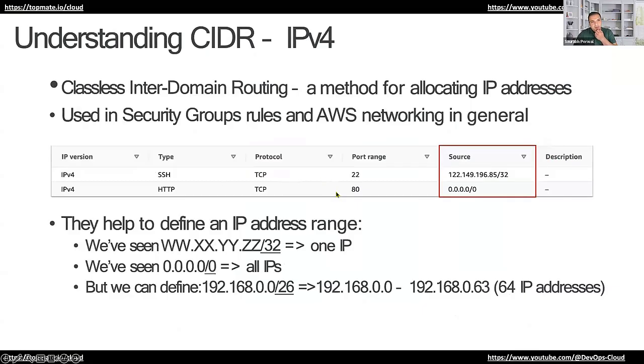All right. A CIDR block is classless inter-domain routing. So a complex name for something which is not as complex. It's a method for allocating IP addresses.